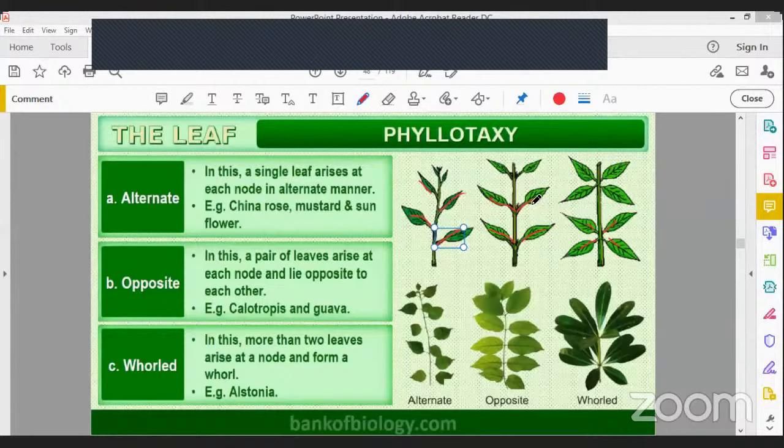For whorled, so take down Alstonia. Examples are very, very important, students.